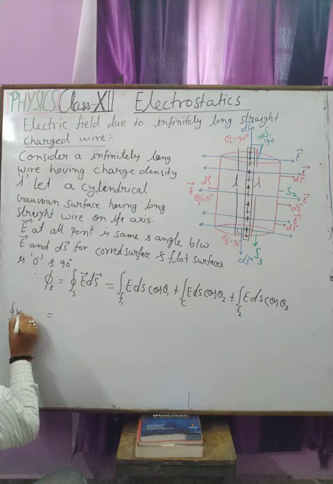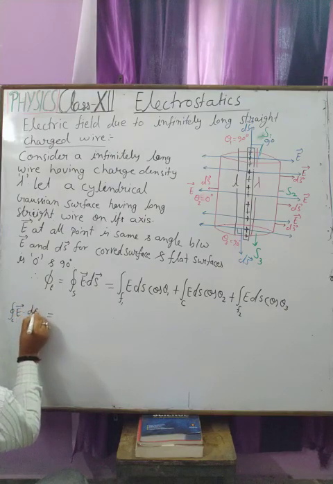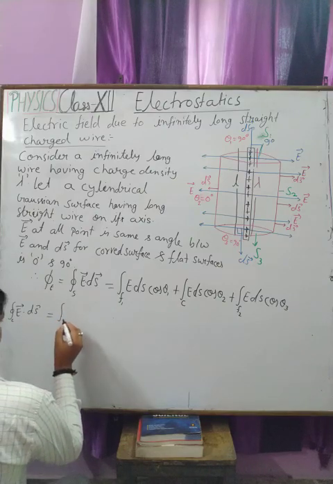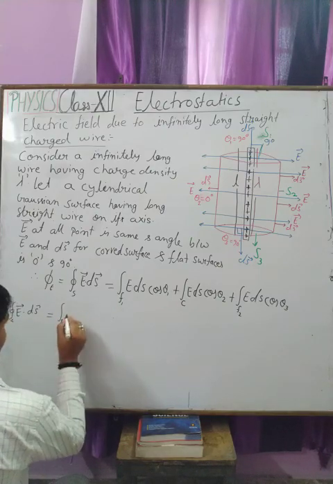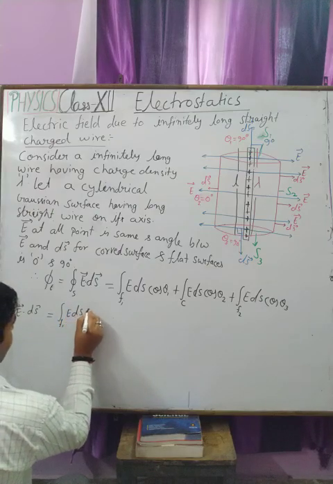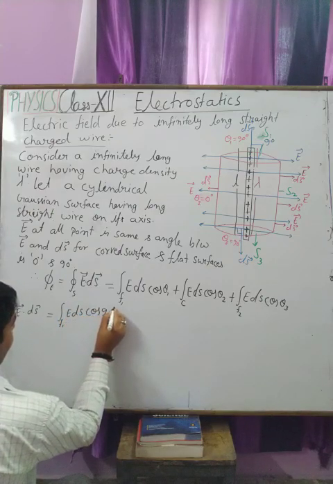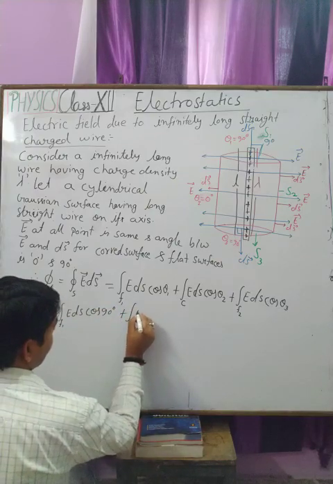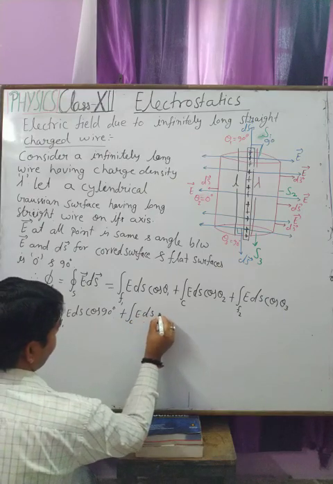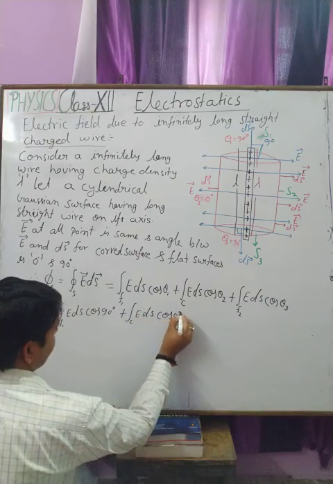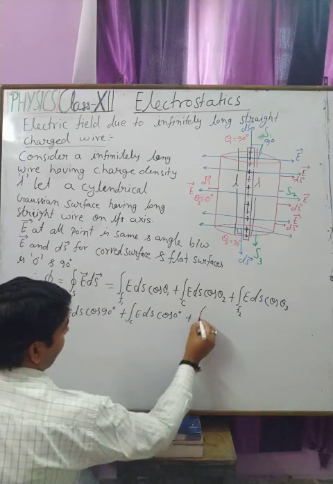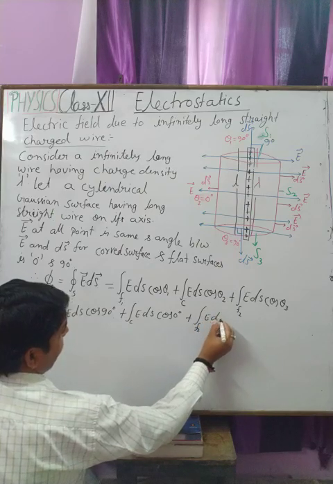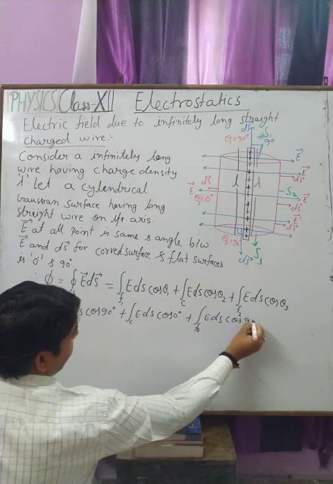now closed integral of vector E dot ds is, for the first flat surface, E ds cos 90 degree, plus curved surface E ds cos 0 degree, and second flat surface E ds cos 90 degree.